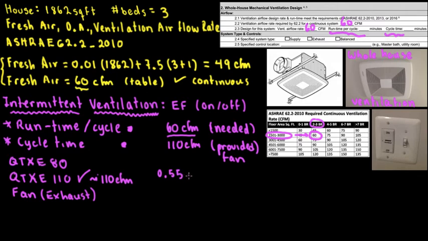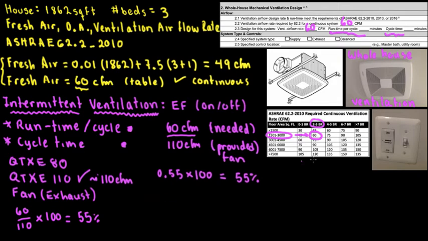And then to make it a percent, times 100, which is equal to 55%. In other words, I don't want to make this complicated: 60 divided by 110, times 100, is going to give us 55%.